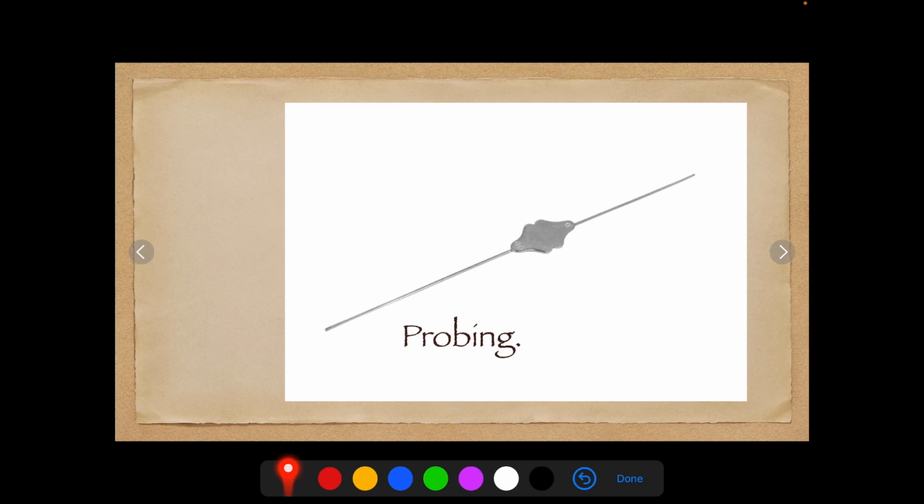In this technique of probing, the instrument which I have shown is a lacrimal probe. This is passed through the superior canaliculus into the lacrimal sac, and then as it reaches the lacrimal sac, it is tilted 90 degrees downwards towards the nose, and a definite pop is felt as the valve of Hasner is perforated.